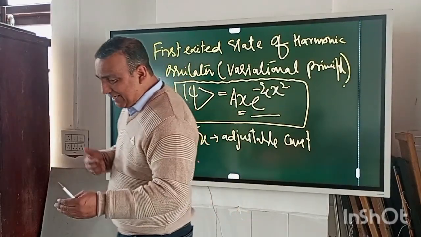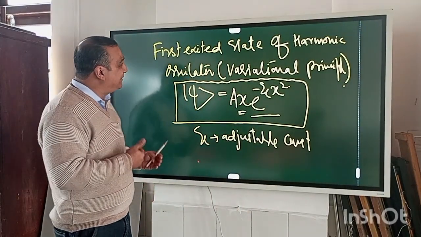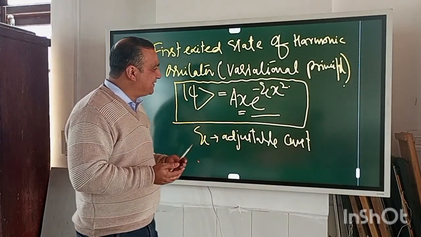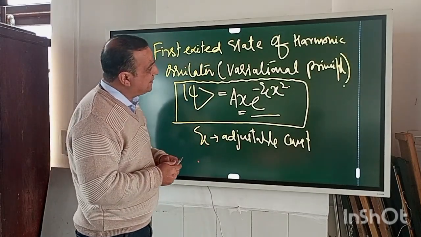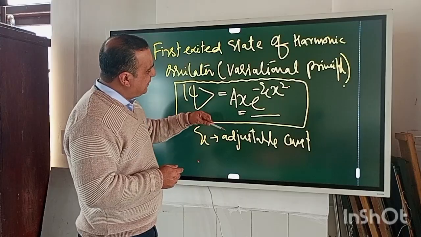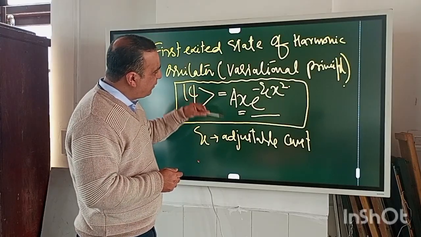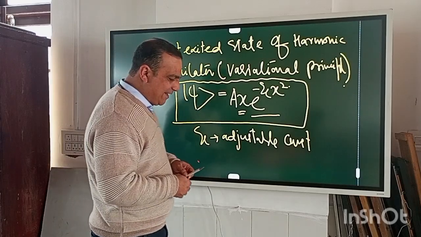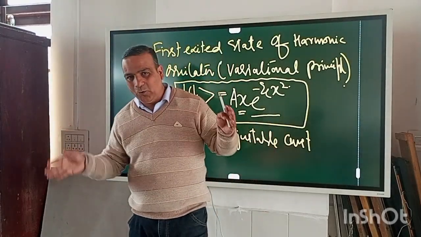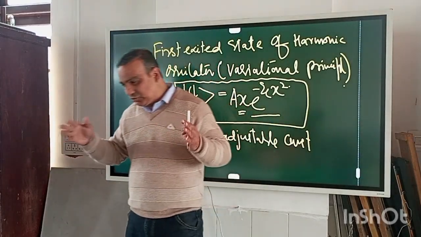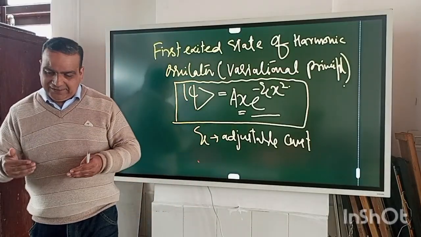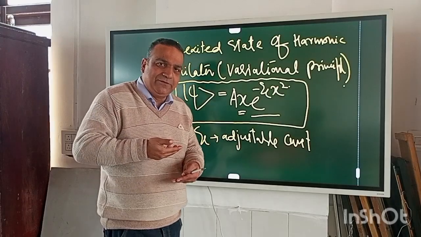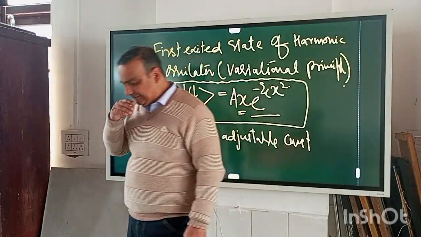So this is the necessity of dealing with the first excited state of the harmonic oscillator: the trial wave function that is chosen has to be odd, so that the condition of orthogonality is purely resolved, because the wave function in the excited state should be orthogonal to the wave function in the ground state.